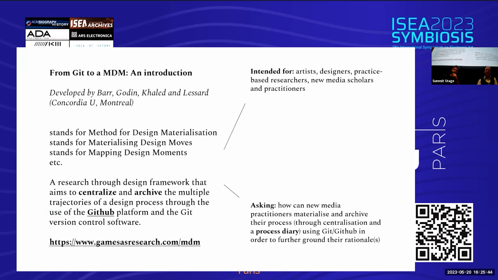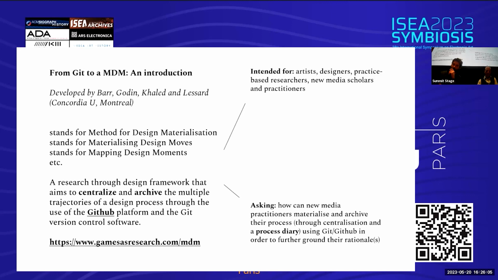And now I would like to talk about my research context, which is a research through design framework that has been developed and initiated by Pippin Barr, Danny Godin, Rilla Khaled, and Jonathan Lessard at Concordia University in Montreal.